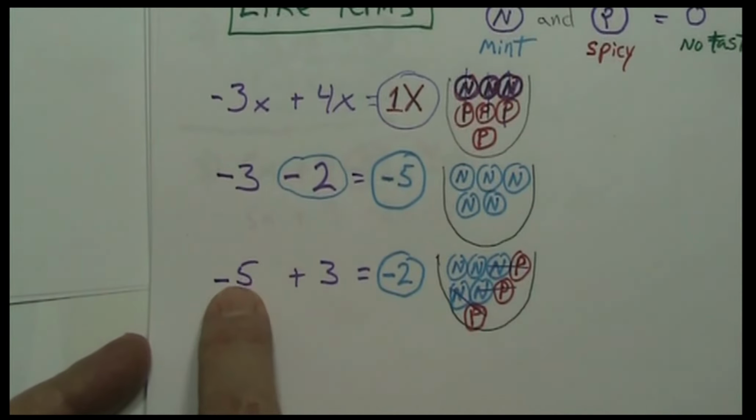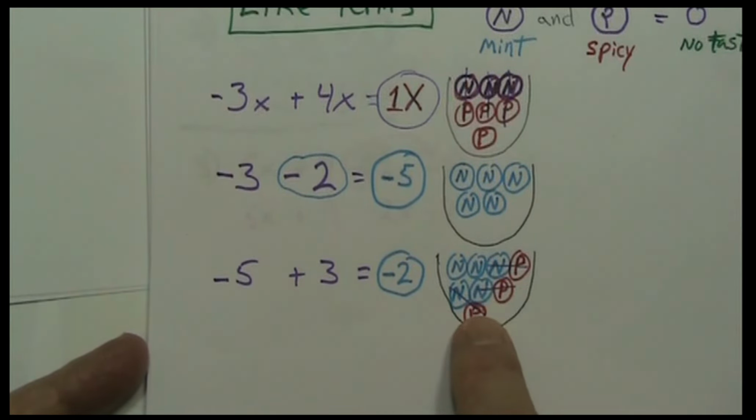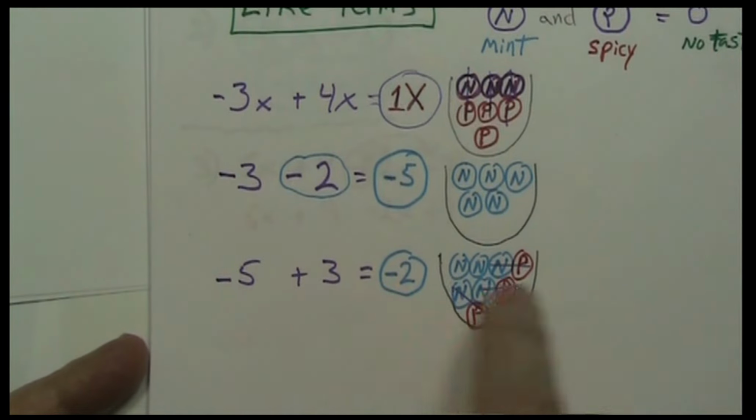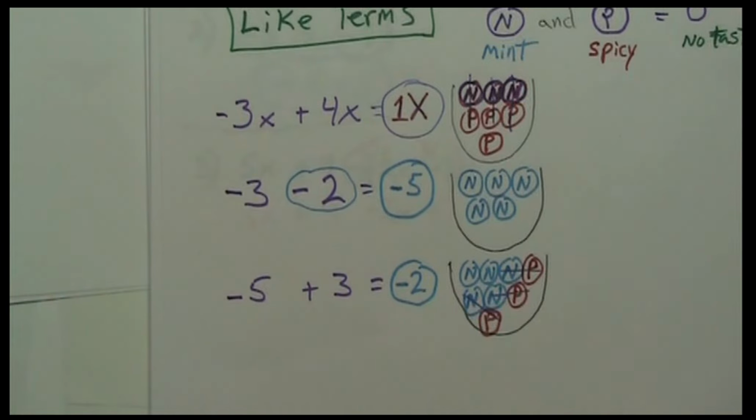If you have 5 mint and 5 cool and 3 hot, remember that it does cancel, and you are left with 2 cold, 2 mint. So, in other words, you have to use zero pairs. Think of zero pairs if they're different. So think of the tongue.